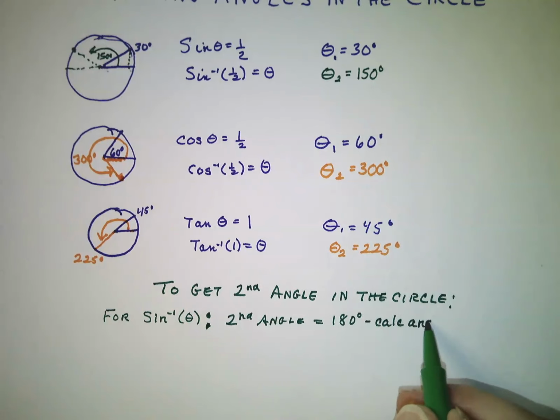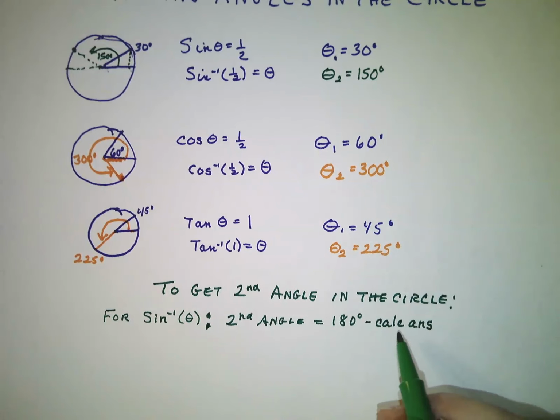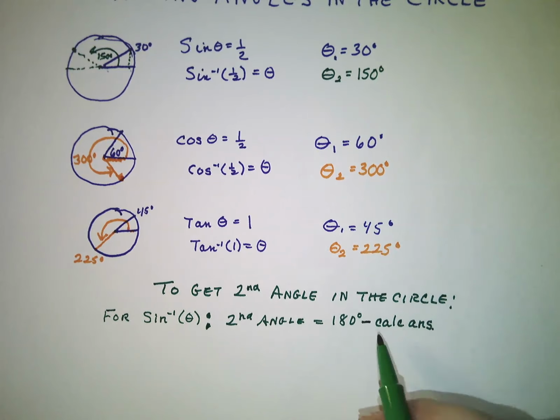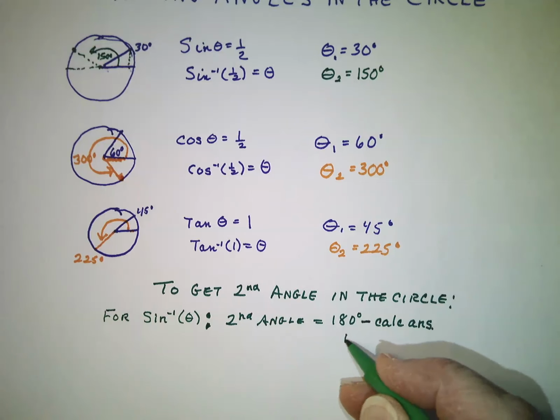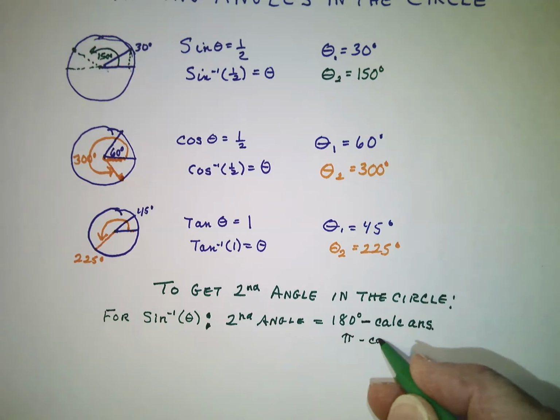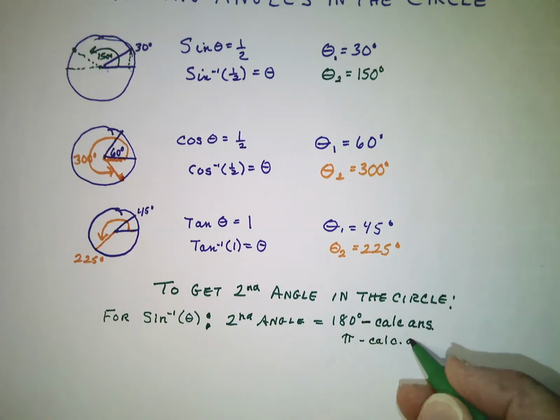The calculator says that the first angle is 30 degrees, we'll subtract 30 degrees. If the calculator said that the first angle is negative 50 degrees, we will subtract negative 50 degrees. Whatever the calculator answer is, that's what we subtract. Could also be written as pi minus the calculator answer, if we're in radians.